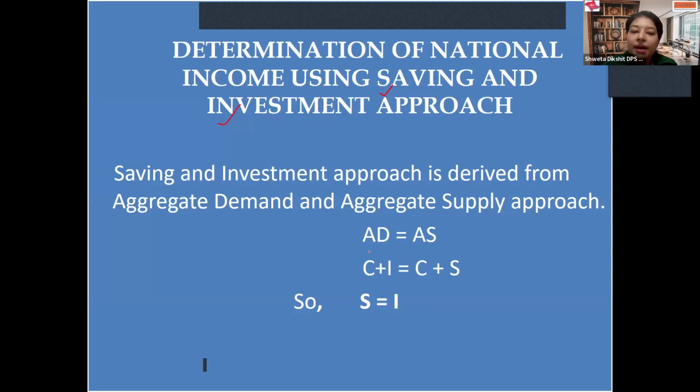This approach actually comes from the theory of Professor Keynes. And Professor Keynes said that AD, which is equal to C plus I, and AS, which is equal to C plus S, if you cancel C, which is common here, what you find is I and S. That means the equilibrium can also be fixed when S or saving is equal to investment.